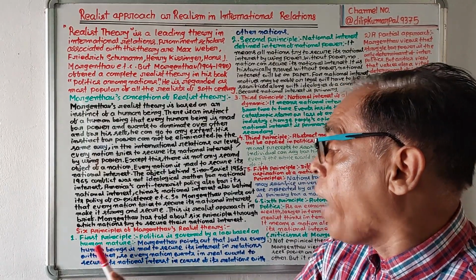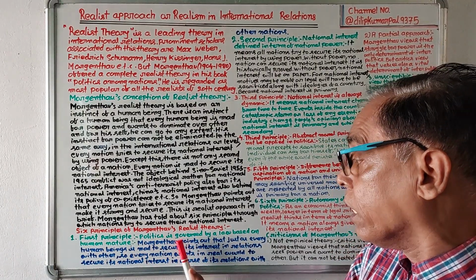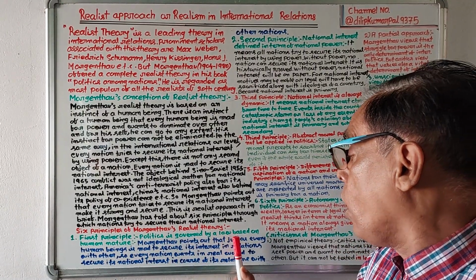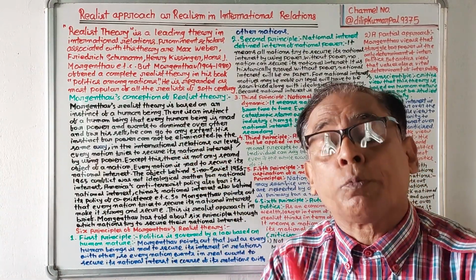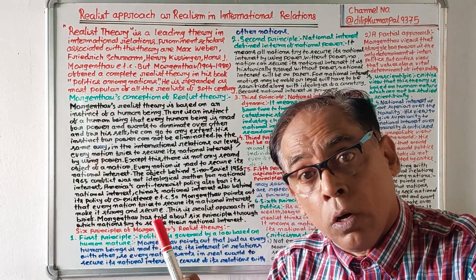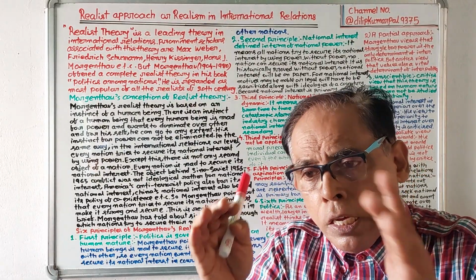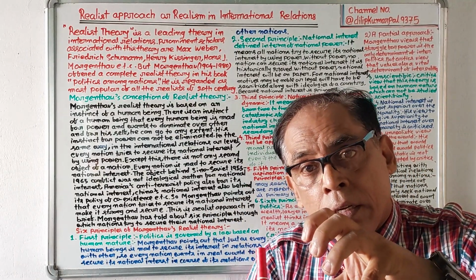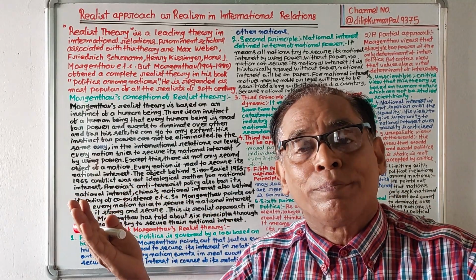Number 1, first principle: politics is governed by a law based on human nature. It means in every human being there is a nature which encourages man to work for his self-interest.